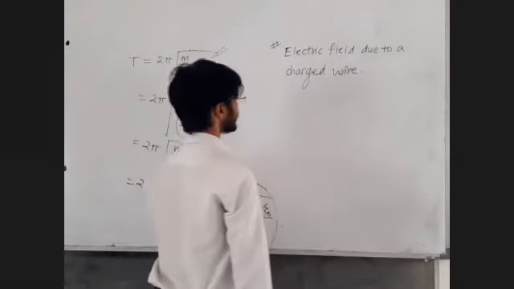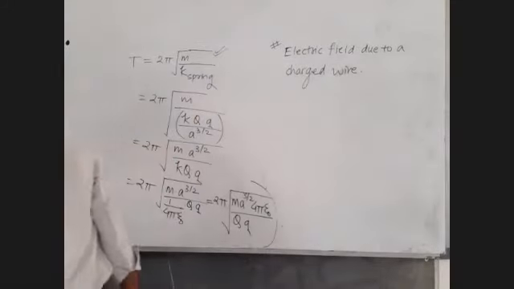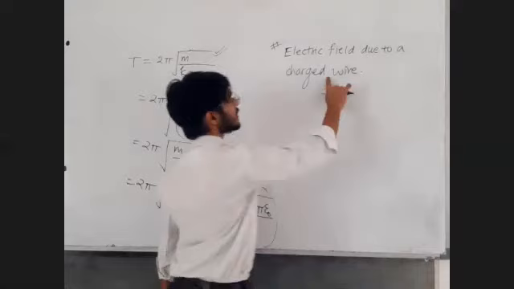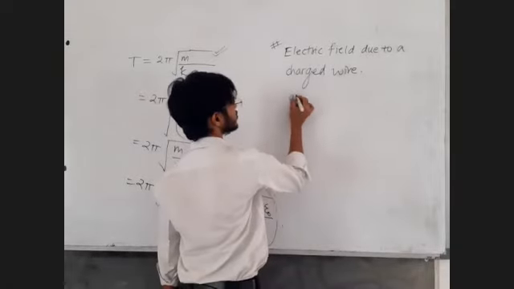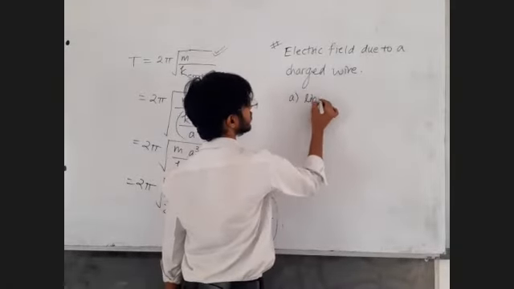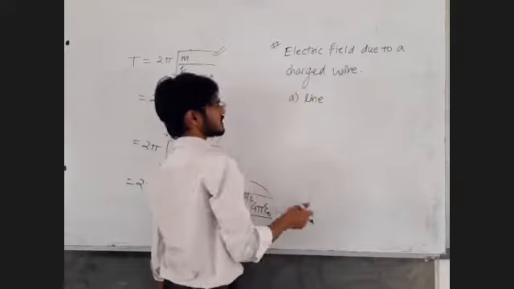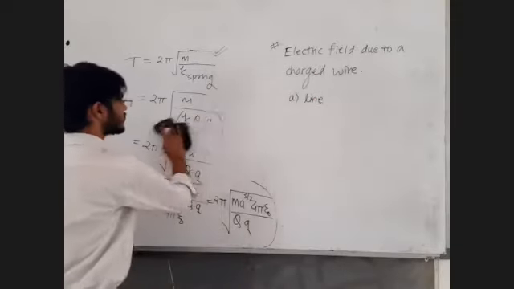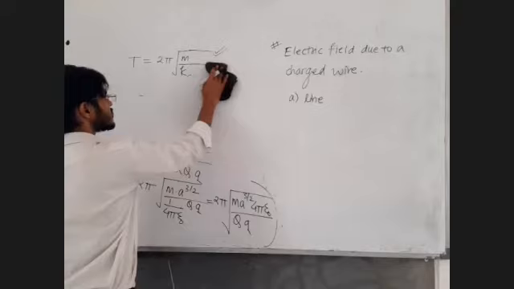First bit is line charge of finite length. The wire is going to be of finite length. Line charge means charge is distributed on a straight line, not on the arc of a circle, not on the surface of a disc, but on a straight line.